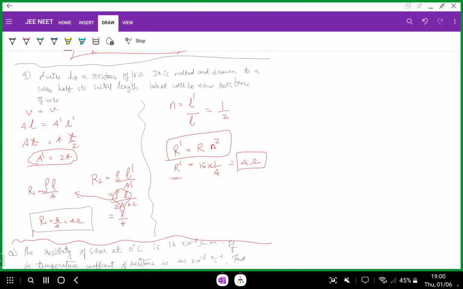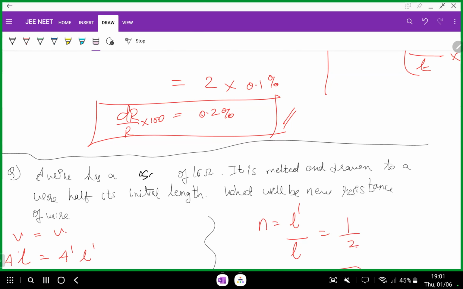Okay, this one we can solve. A wire has a resistance of 16 ohm. It is melted and drawn into a wire of half its initial length.